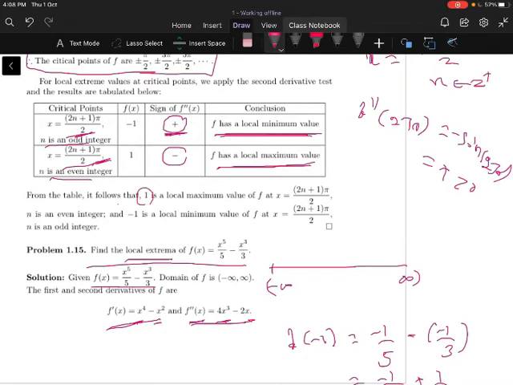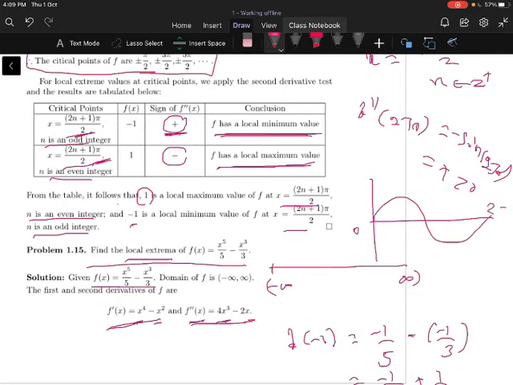Therefore, we can observe from the table that 1 is the local maximum value at x equal to (2n plus 1) pi by 2 when n is an even integer, and minus 1 is the local minimum value of f at x equal to (2n plus 1) pi by 2 when n is an odd integer.